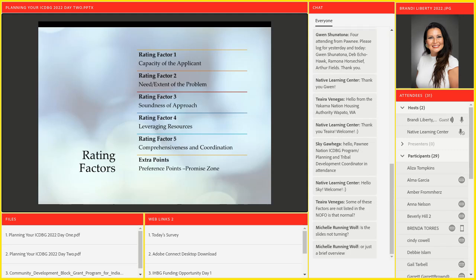On 2.4, just as a refresher, those are new and unfunded applicants. So that's just an automatic 5 points if you haven't been funded recently. And then 2.5, as we discussed yesterday, is that new area where there is a connection to climate change. For that particular one, without going into all of the details, please go back to day one's slides.